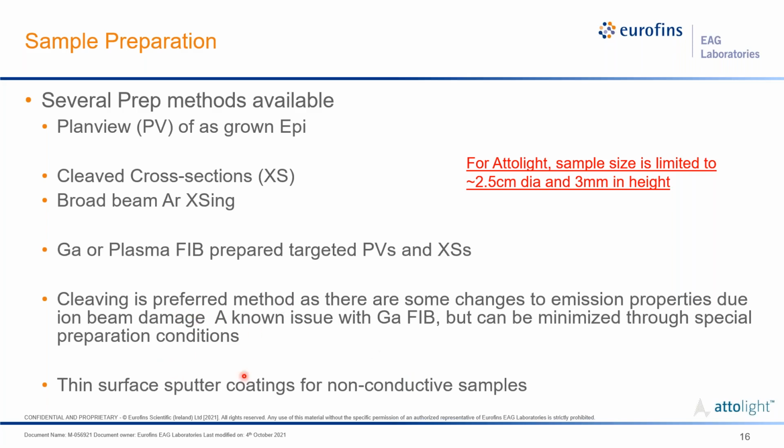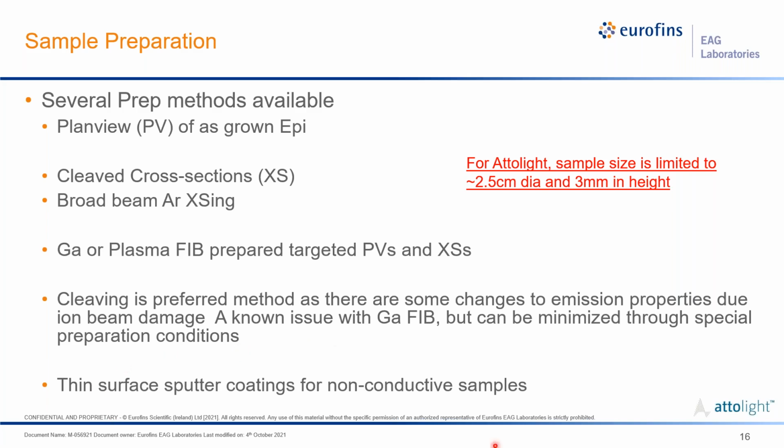And a lot of this information really is coming from being really good at making very, very thin samples for aberration corrected STEM. So in that case, we had to learn how to make samples very damage free so we could take high quality STEM data. And so we've been able to apply a lot of that know-how to our SEM-CL work as well.